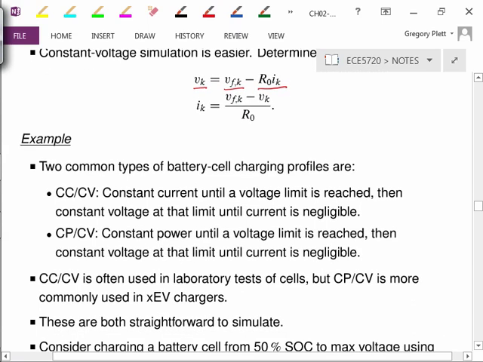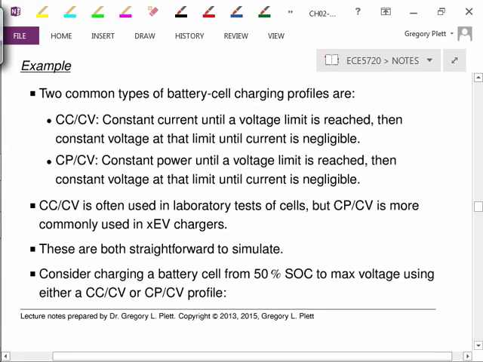This example shows both of these in operation, and one time we might want to use them is in charging a battery cell. When I'm charging a battery cell, often what I will do is use constant current until the battery cell voltage hits a maximum voltage limit.